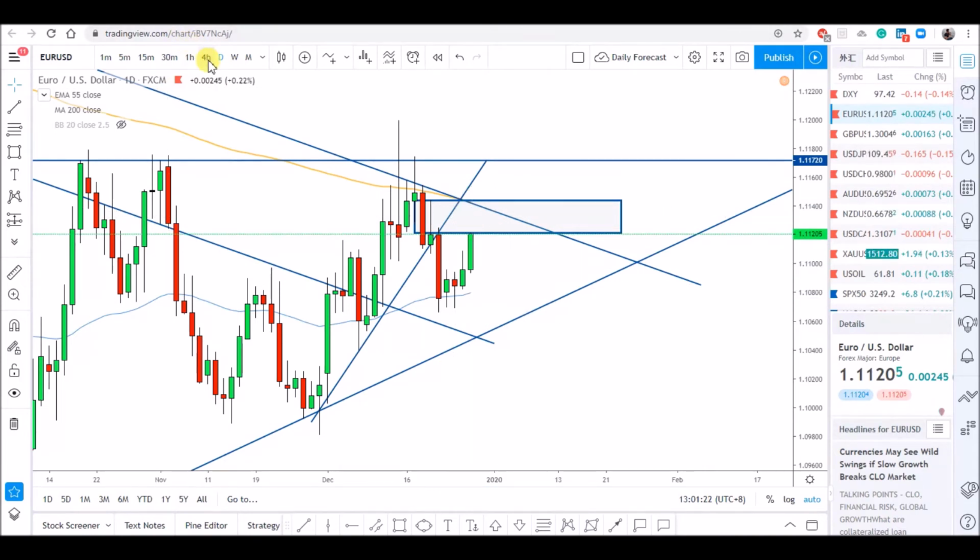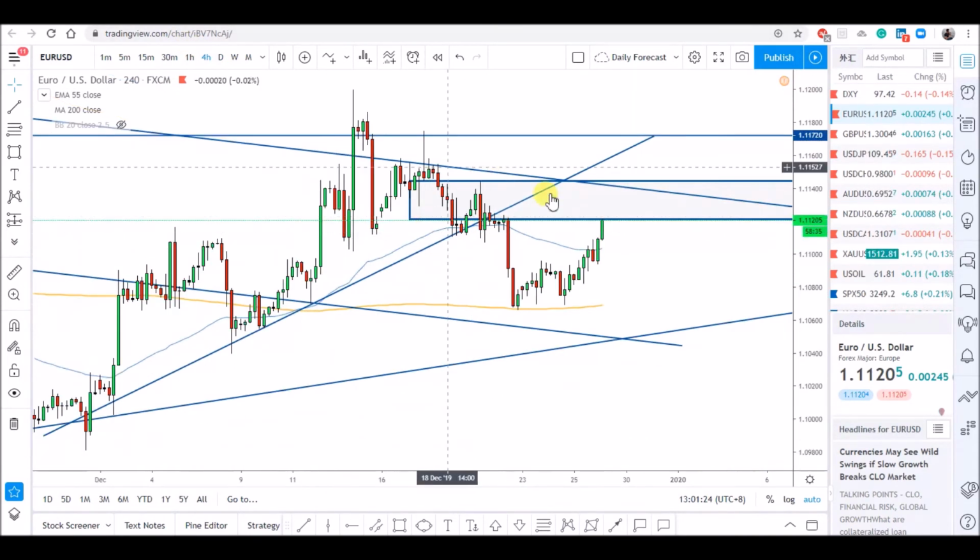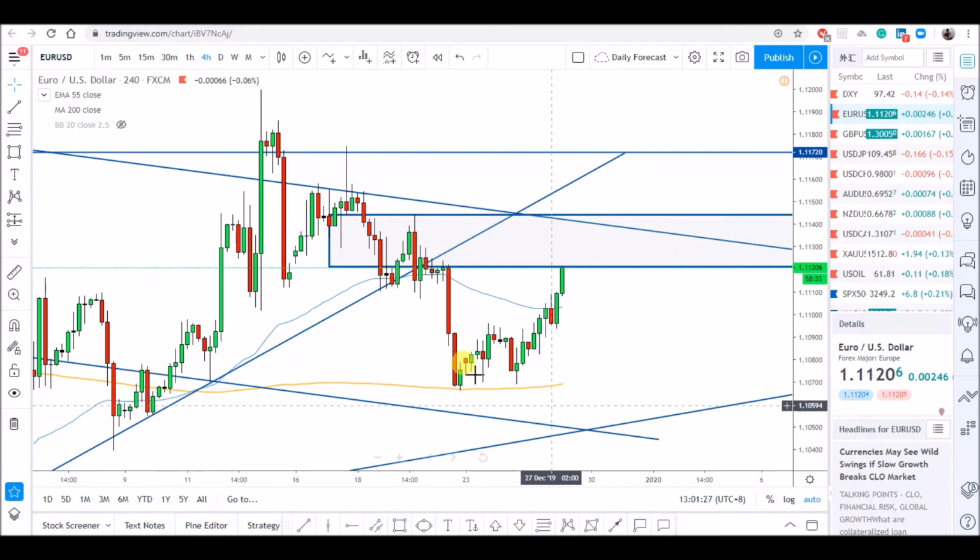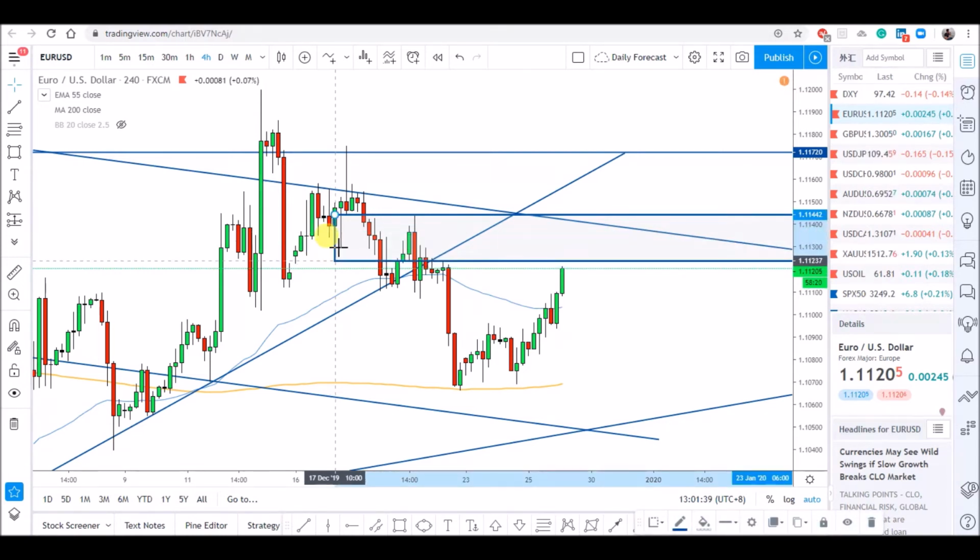So if we go to the 4-hourly charts, you can see some kind of a harmonic pattern that's forming right here. Doesn't matter what kind of harmonic pattern it is, but definitely this zone itself will be the best.